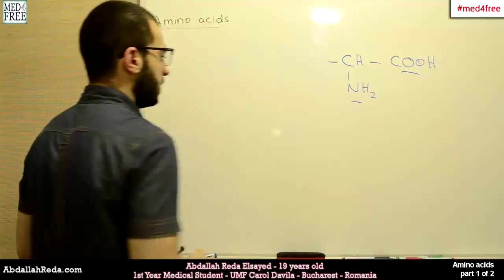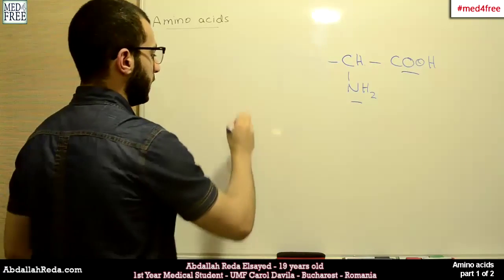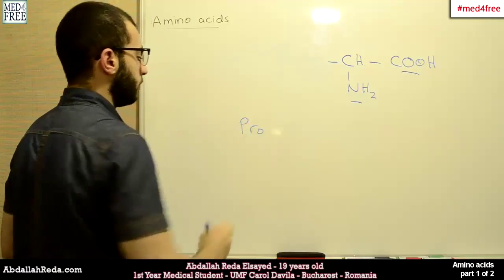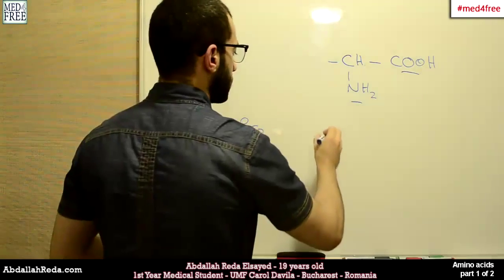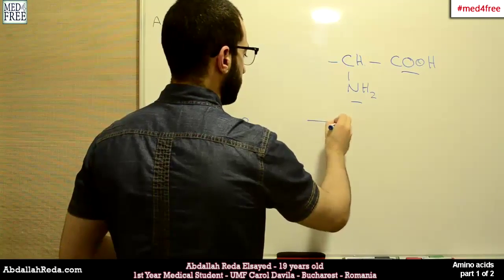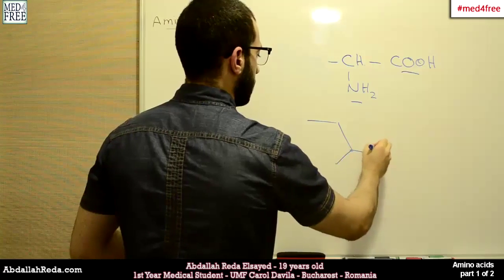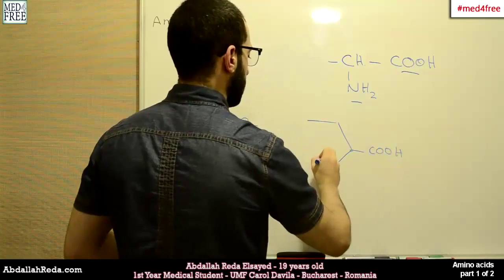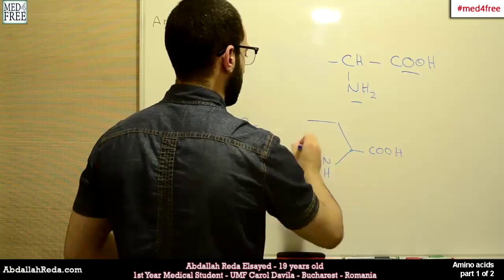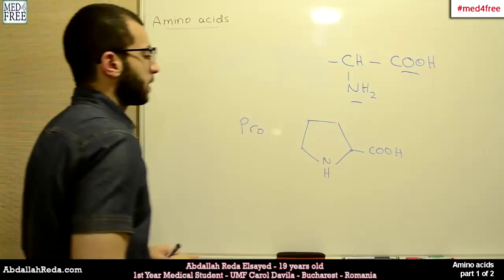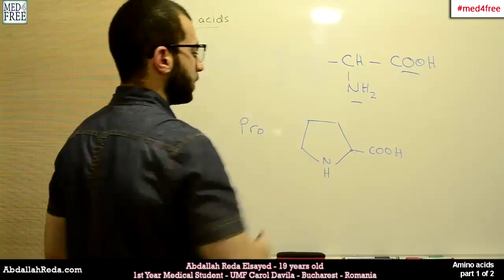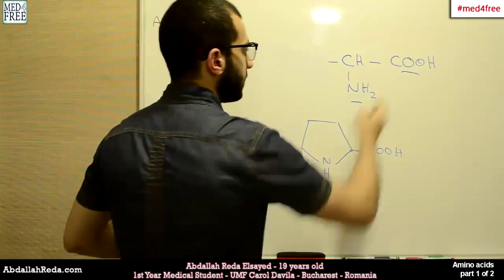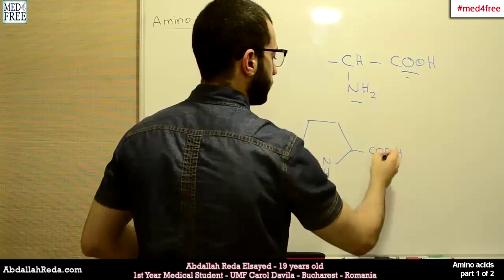We have another amino acid called proline, abbreviated PRO. Proline looks like that. This is a 5-ring structure, and the carboxylic group is here.